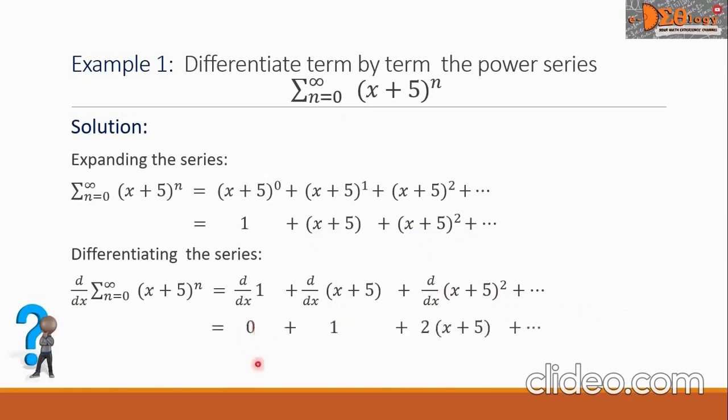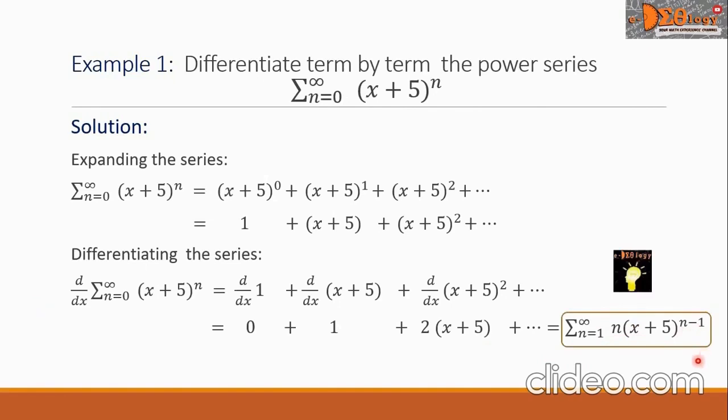Evaluating this now, we have 0 plus 1 plus 2 times the quantity x plus 5 plus and so on. And we can write the new series as summation from n equals 1 up to infinity of n times the quantity x plus 5 raised to n minus 1. This is the final answer.